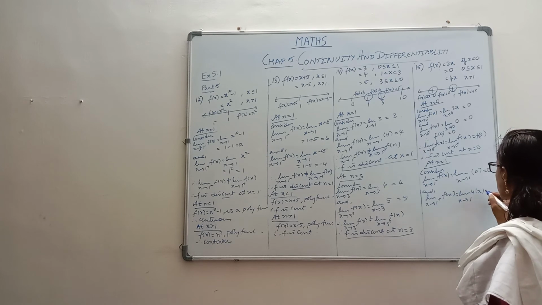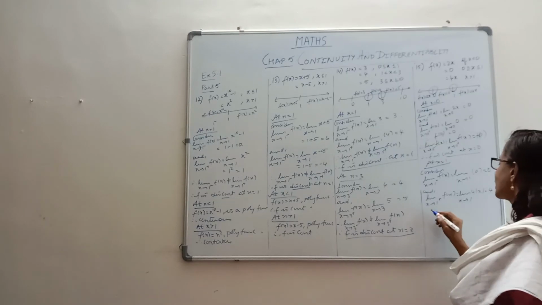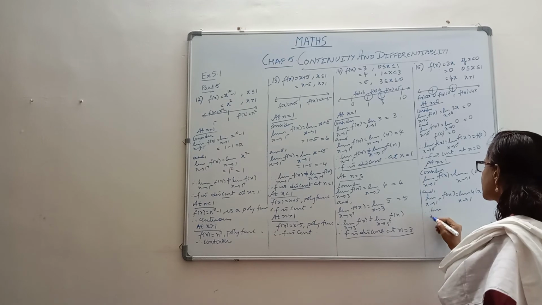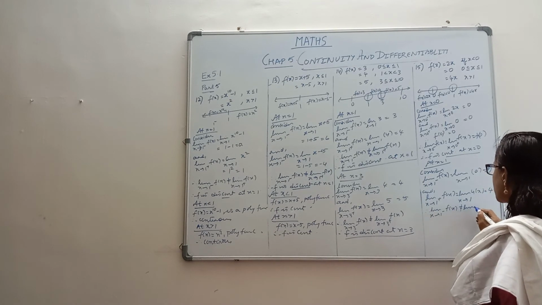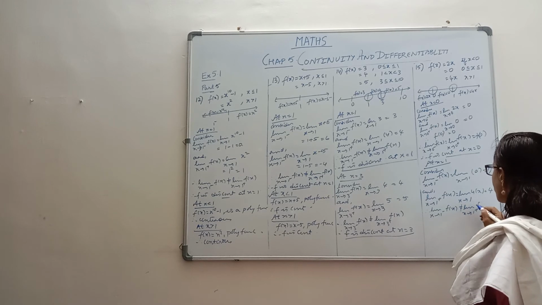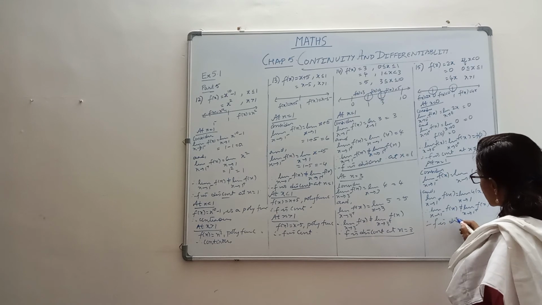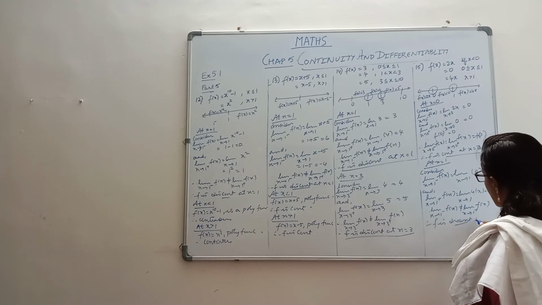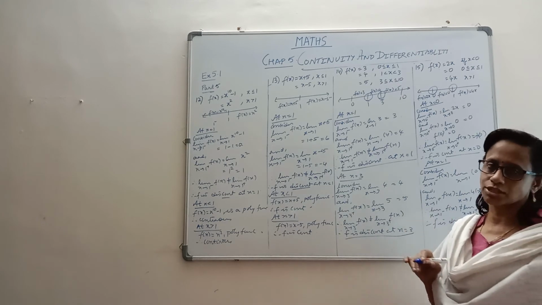Which means x tends to 1 means 4 into 1, 4. The values are not same, right? We see that limit as x tends to 1 minus f of x is not equal to limit as x tends to 1 plus f of x. Therefore, f is discontinuous at x equal to 1. At x equal to 0 it was okay, but at x equal to 1 it is discontinuous.